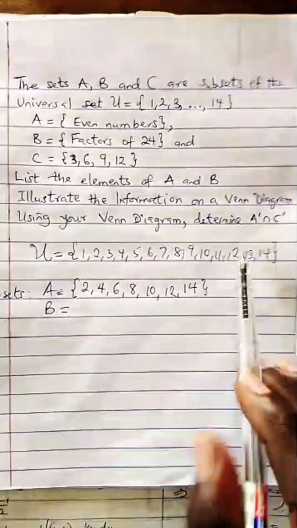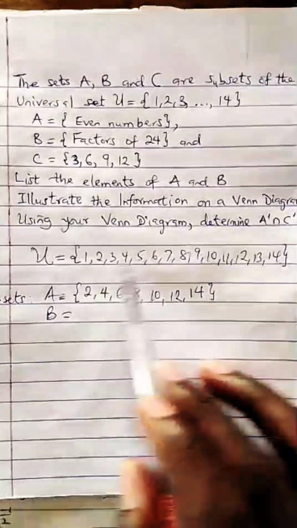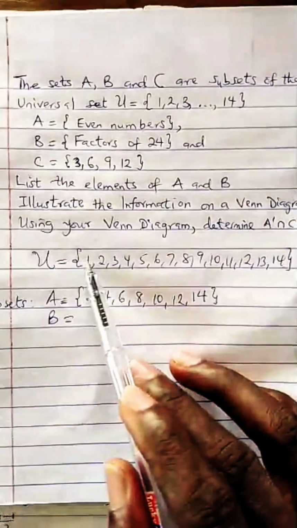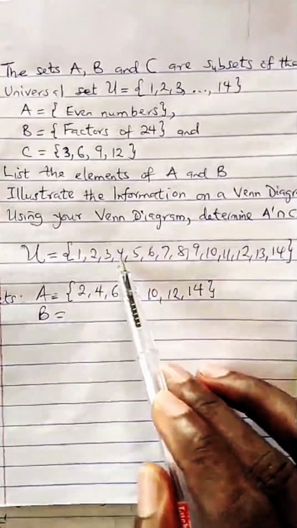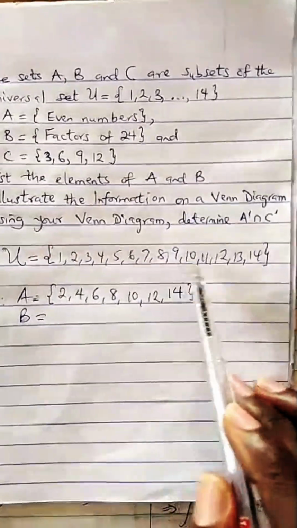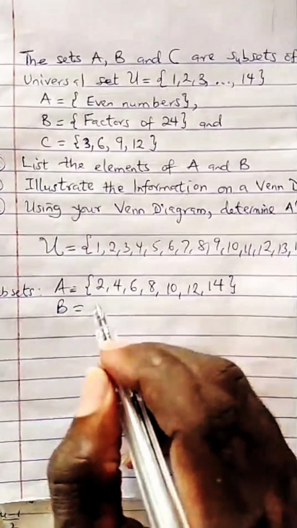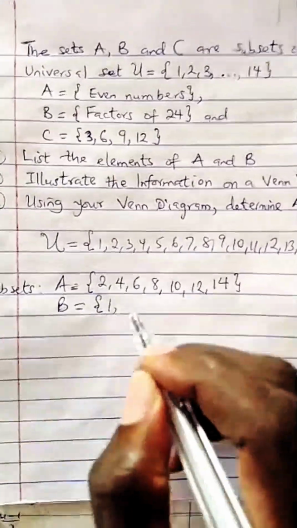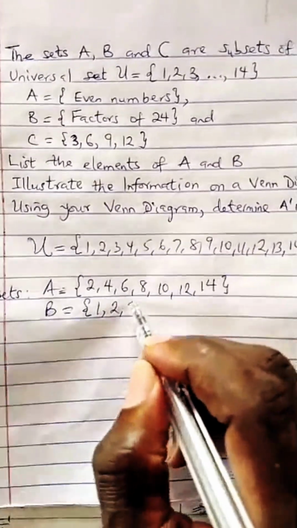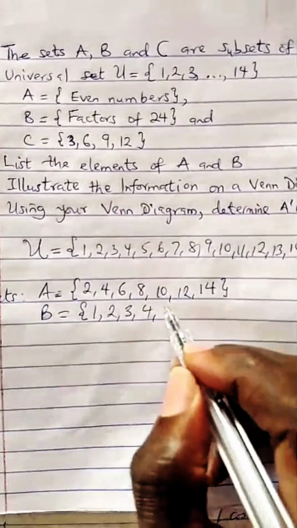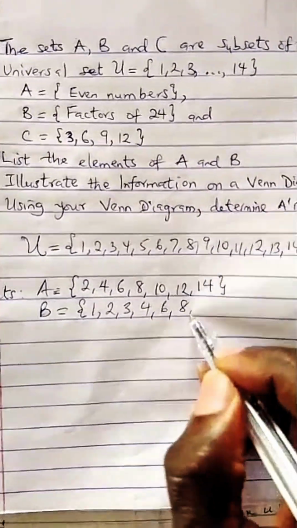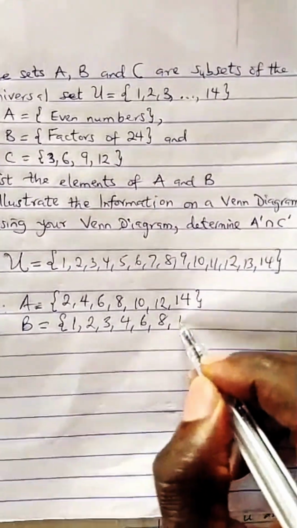So look at the universal set. What are the factors of 24 from the universal set? We have 1, 2, 3, 4, 6, 8, 12. These are the factors of 24. One can divide into 24, same as 2, 3, 4, 6, 8, and 12.